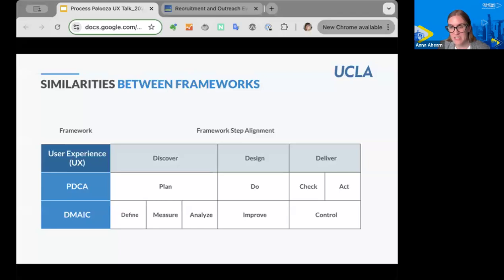For instance, PDCA has broken down Check and Act, which is similar to Deliver and Control, and DMAIC has Define, Measure, Analyze for that first discovery phase. But the key is that both disciplines are visualizing ways to improve a process, touch point, or interaction with the organization continuously via research, prototype, building, and analyzing solutions.